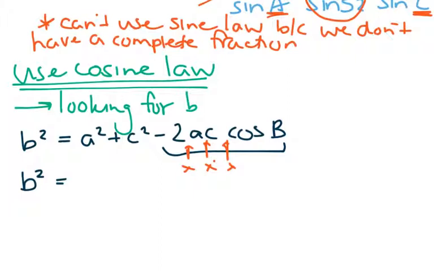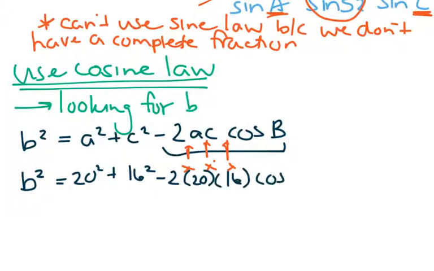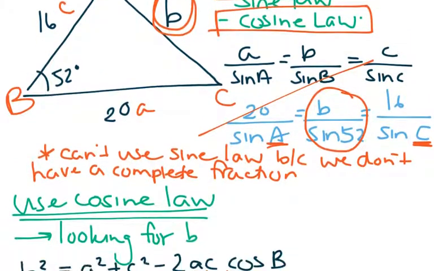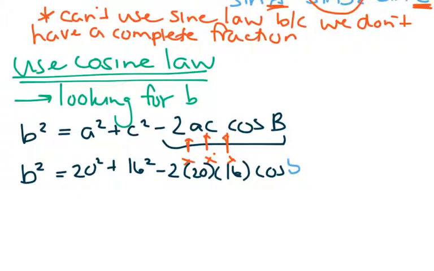So we have little a is 20 squared, little c is 16 squared, minus 2, a is 20, c is 16, cos of big B is 52 degrees.